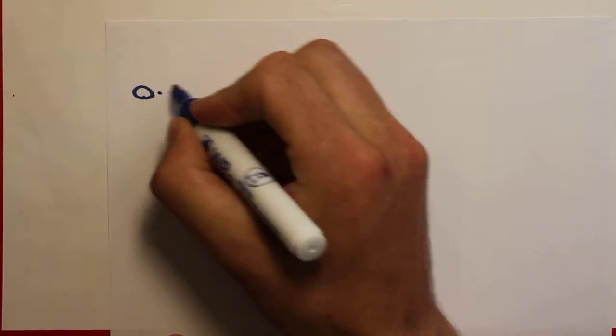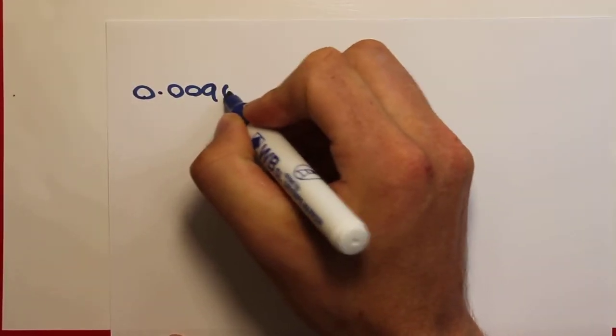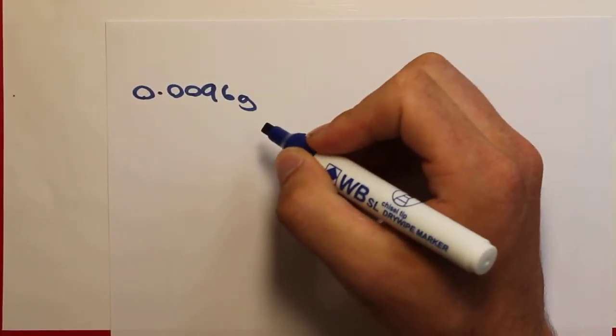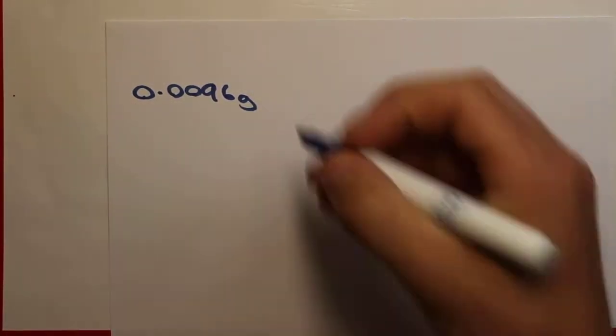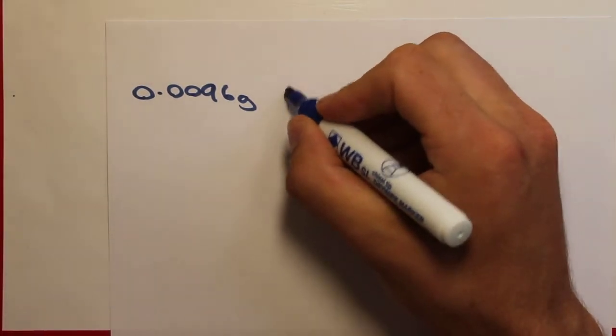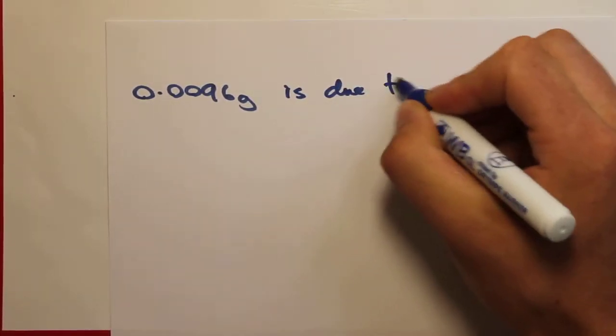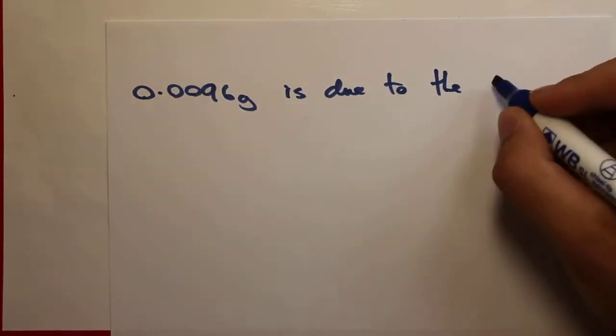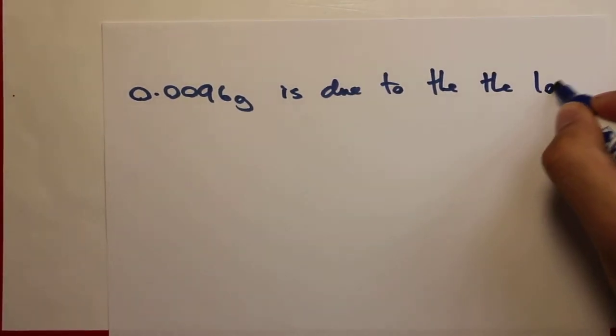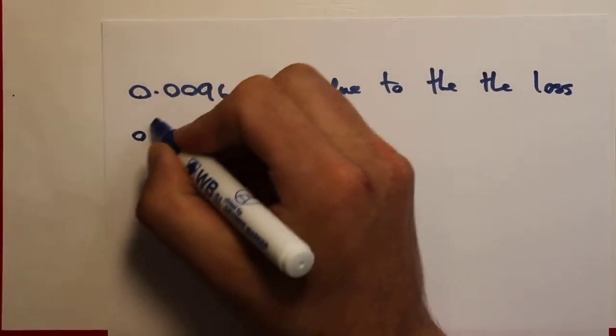So we have to calculate how many moles of sulfur were removed. Well, we're told that 0.0096 grams was lost during the cleaning process, and that mass is due to the loss of the sulfur atoms.